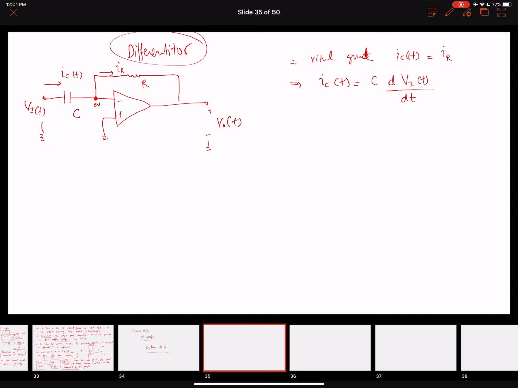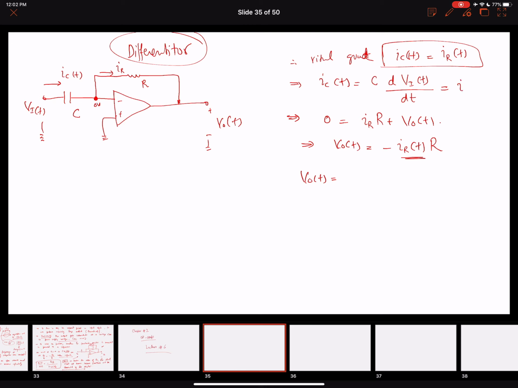Since the currents are equal, let's apply Kirchhoff's law at the output. So it will be 0 equals IR times R plus V naught of t. So V naught of t equals minus IR of t times R. Since both of these currents are equal, I can replace IR of t with this.